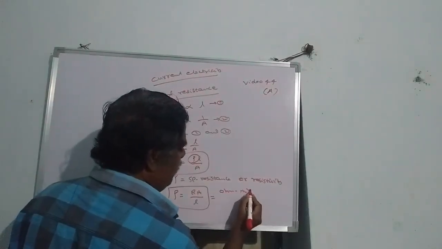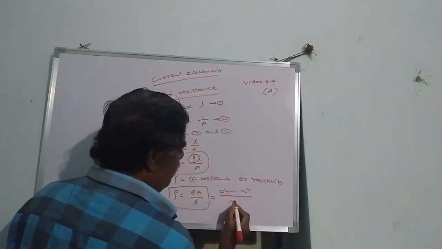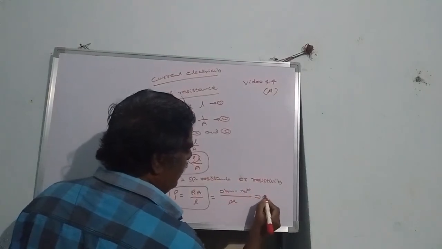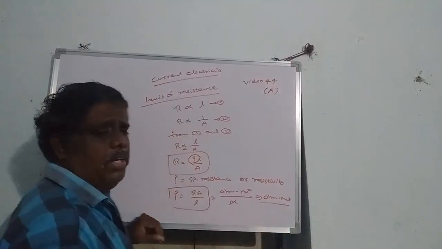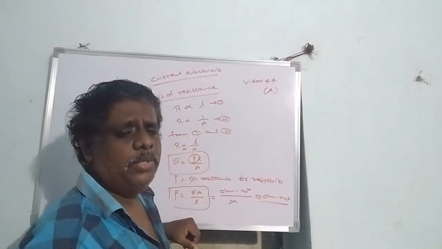Area of cross-section will be meter square and length will be in meter. It should cancel, then we get ohm meter. So what is the unit of specific resistance? The unit of specific resistance is ohm meter.